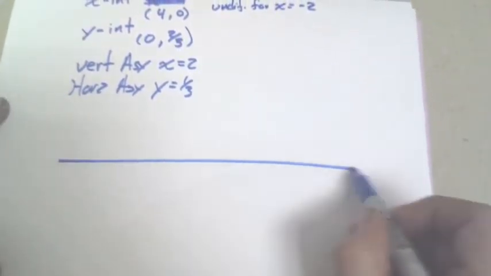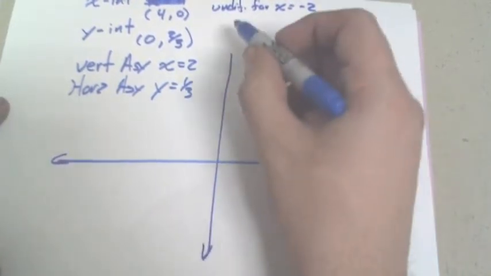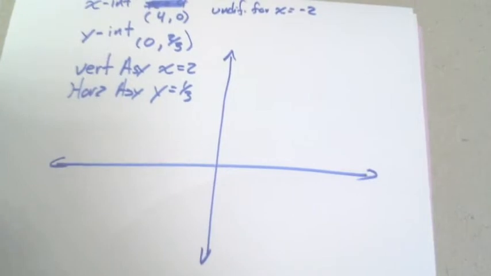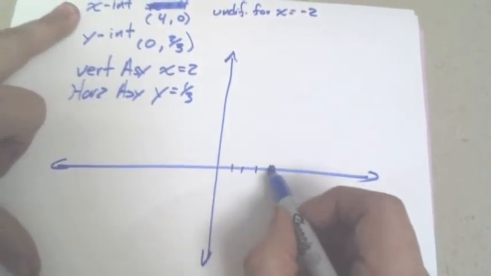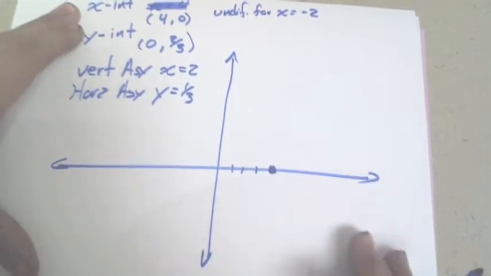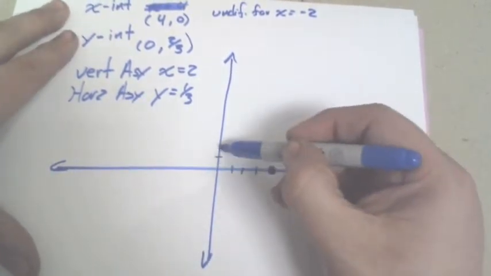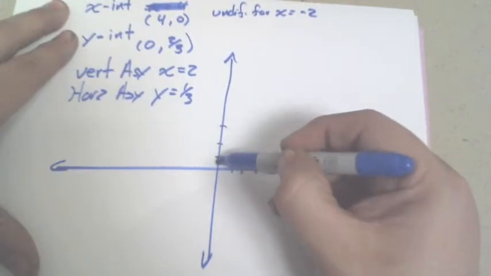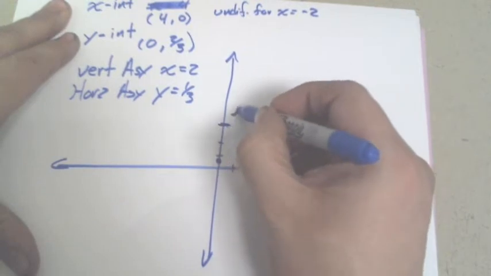So if we're going to look at all these things to try to graph this, I need some axes. We have an x-intercept at (4, 0). 1, 2, 3, 4, 0. And no others. We have a y-intercept at 2/3, so that's barely at 1 right there. When that 1/3, I should change the scale. Let's make that 1.